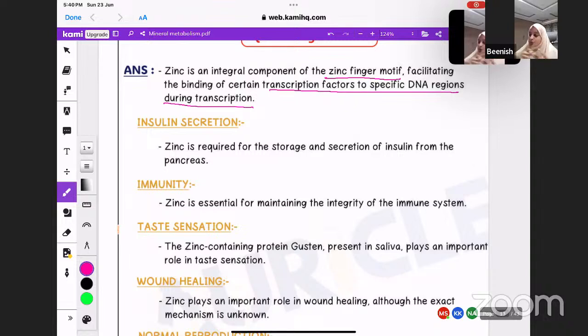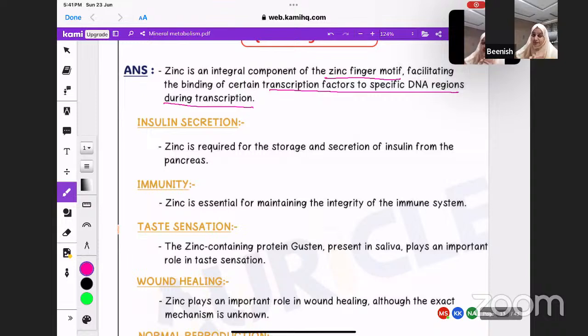Okay, so these transcription proteins have finger-like motifs which have zinc coordinated to them. Those are known as zinc finger motifs, and these are basically DNA binding motifs. Your transcription factors have zinc finger motifs, and through these zinc finger motifs, they use these fingers to interact with DNA.